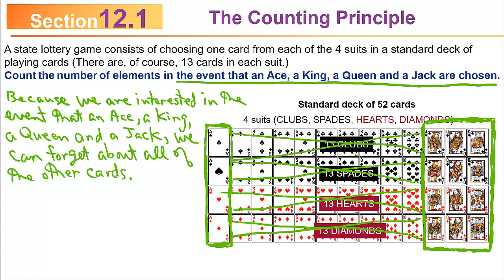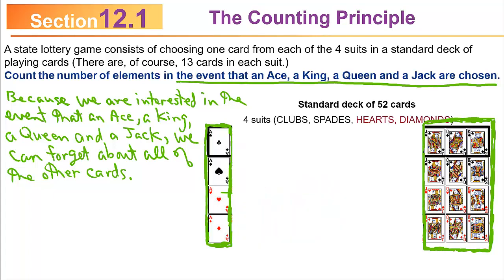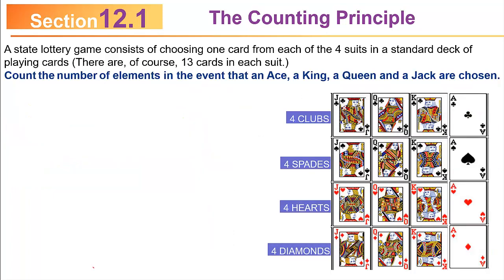So just take out the entire middle part of that 52 card array, and just look at the ones that are left. In fact, I'll slide the aces over with the rest of them so you can see them better. Those are all of the aces, kings, queens, and jacks in the deck.